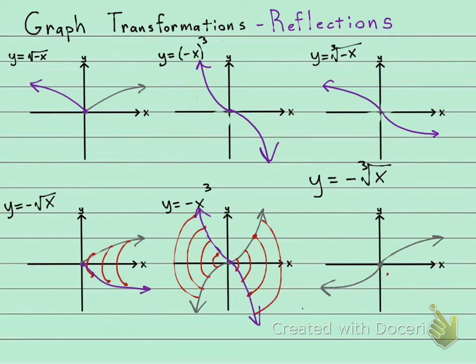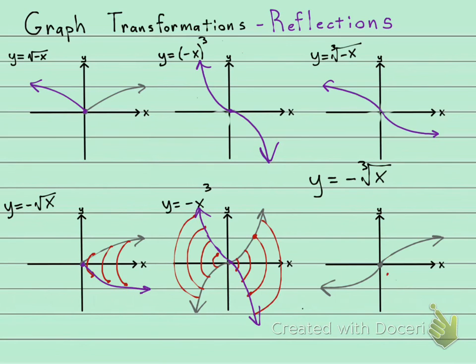Okay, and it's going to end up looking like this, right? Here were the points that I'm now mapping to the other side. All right, and these points that were down here are now going to look like this.